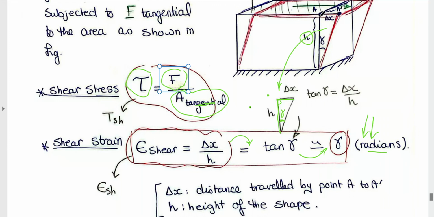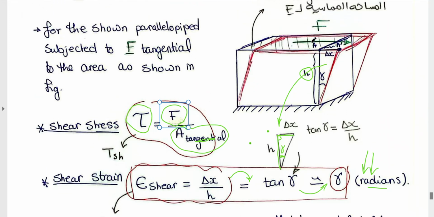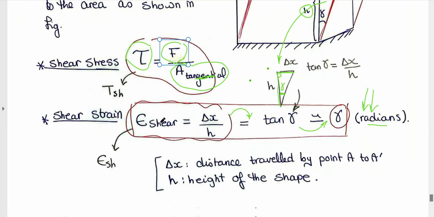Don't forget that delta X is the distance traveled by point A to go to A dash. So, discussing the shear elasticity, we defined the shear stress as force divided by tangential area, and we defined the shear strain as delta X over H or tan gamma.